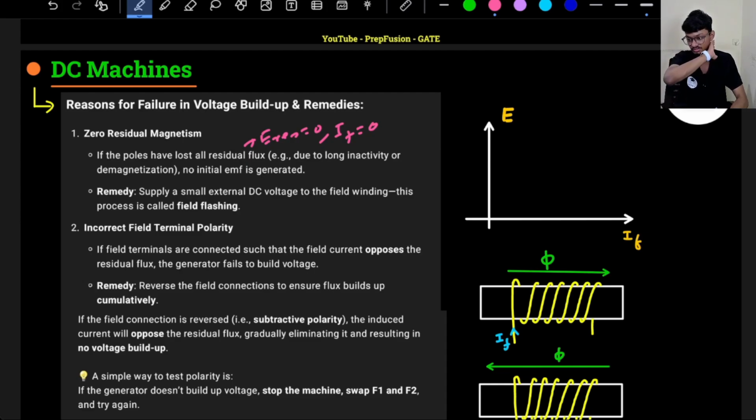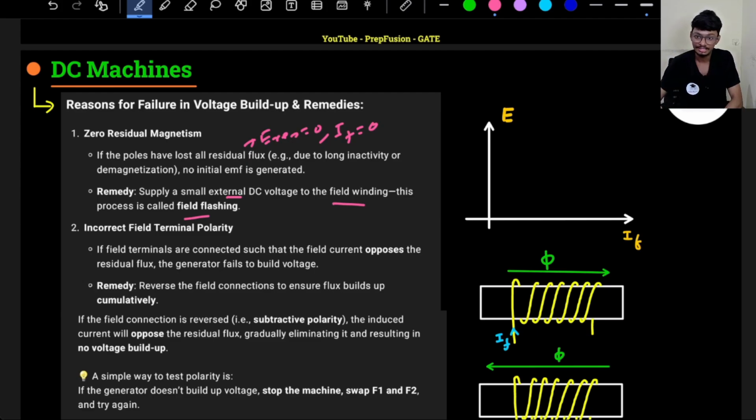Without that, it is not possible for the current to flow, for the current to increase, and the voltage buildup process to start. So initially what we can do, we can connect an external DC supply to the field winding, which can initially magnetize the core, due to which there will be some residual flux in the core. That is one of the remedies for zero residual magnetism.